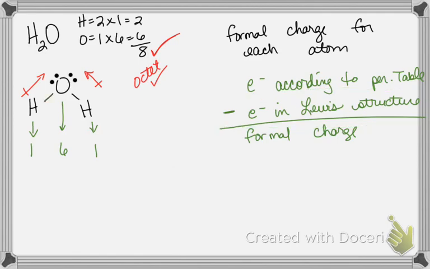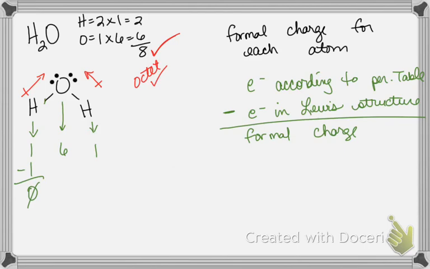Because y'all know in a bond, like in this bond right here, there's 2 electrons. When you're doing formal charge, you have to split them when you count them, okay? So there's 2 electrons in that bond. See, hydrogen's got 1 of them, and oxygen's got 1 of them. So when we say how many electrons does hydrogen have in the Lewis structure, you just count 1 of these. So hydrogen's formal charge is 0.